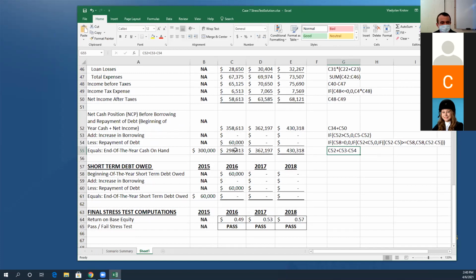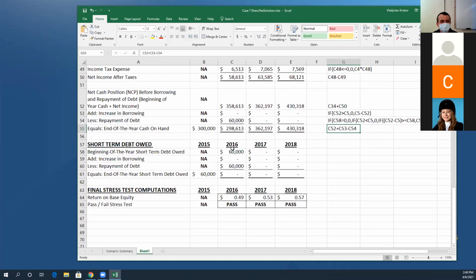Okay, so we're done with cash calculations, right? Now let's do calculations for short-term debt owed. We already did this cell. It basically pulls the value from B61, from this cell. So at the end of the previous year, you had $60,000 worth of short-term debt, and you're just copying it here. You're saying, okay, if I had it at the end of the year, then I'm starting 2016 with the same kind of debt. And then you'll add increase in borrowing, which is the C53 cell.